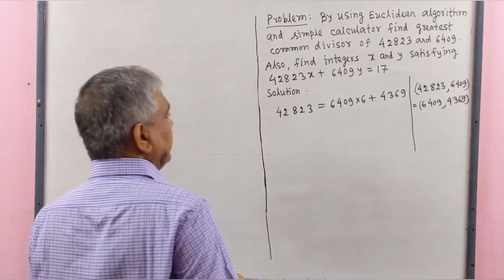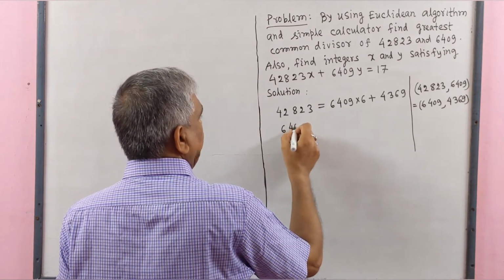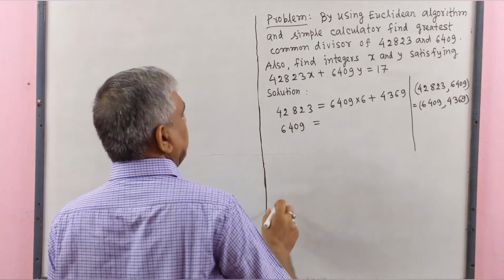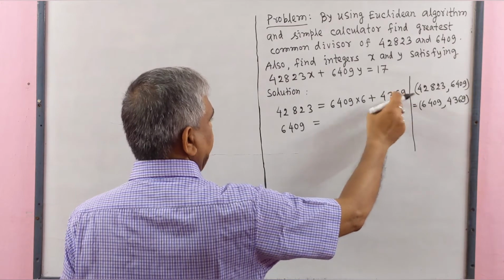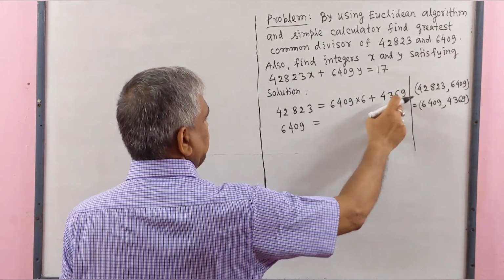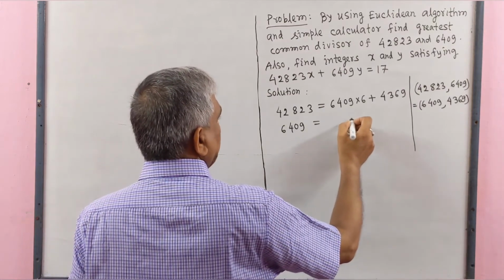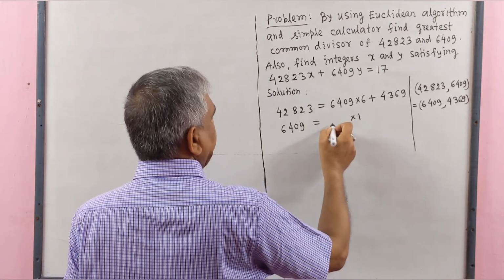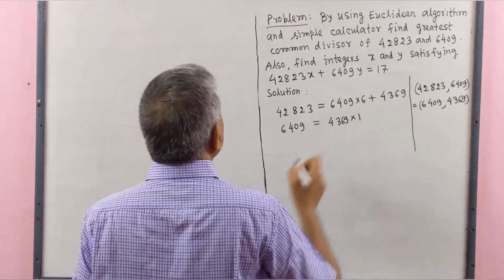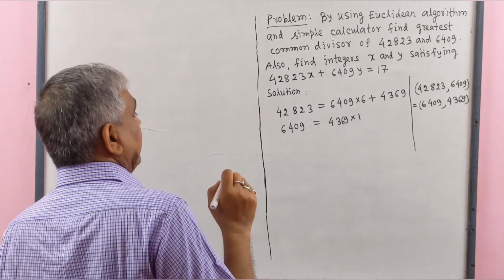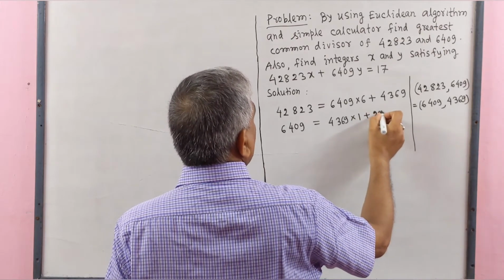Again we repeat the division algorithm. Here we write 6,409 equals, if we divide this by 4,369, the first remainder, we get quotient 1. We write 4,369 and the remainder will be 2,040.